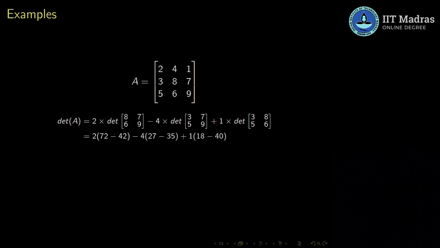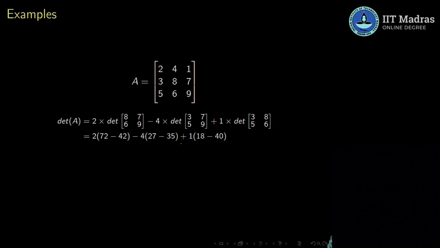So, this is 2 times the determinant of this 2 by 2 matrix 8, 7, 6, 9. So, 9 times 8 is 72, that is what we get in the first term here, minus 7 times 6 is 42, that is what we get in the second term here. Similarly, here we have minus 4 times the determinant of 3, 7, 5, 9.